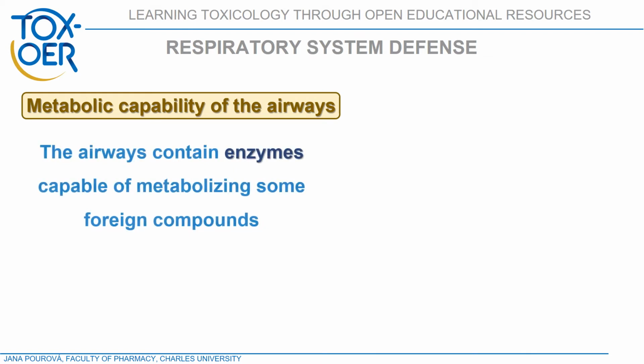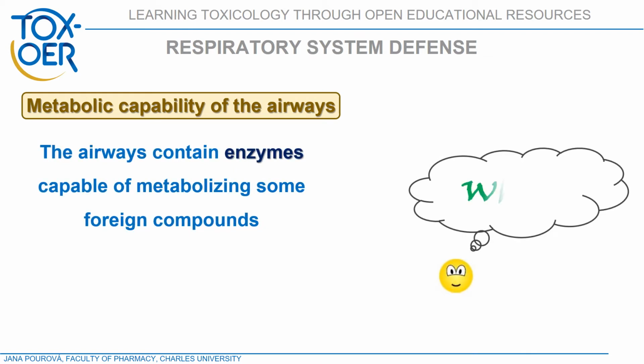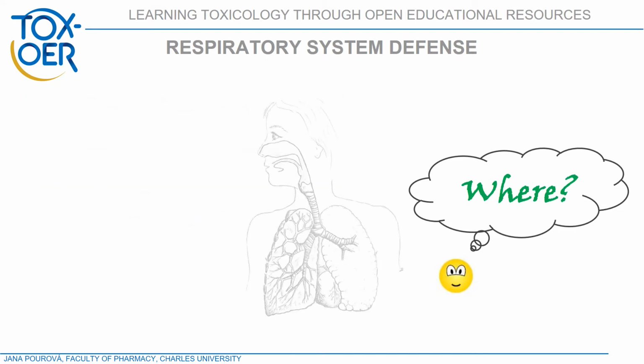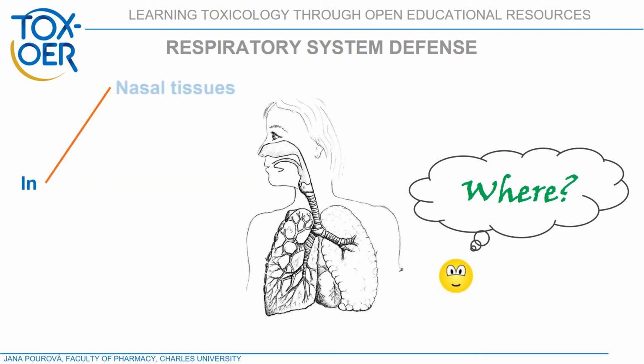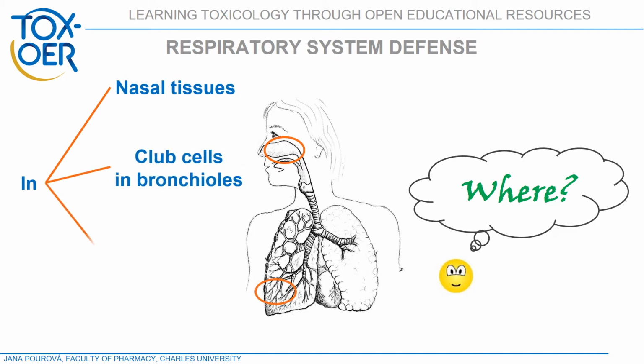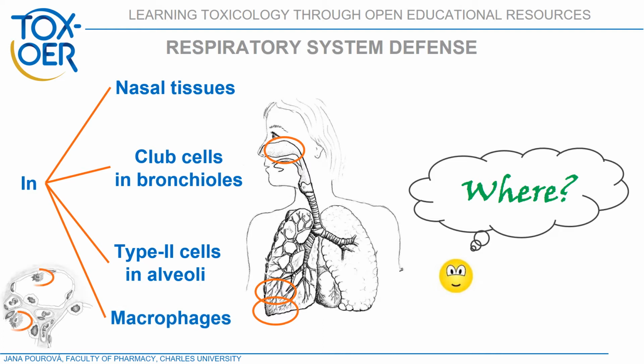The airways contain enzymes capable of metabolizing some foreign compounds. They are in nasal tissues, in club cells in bronchiolus, in type 2 cells in alveoli, and in macrophages.